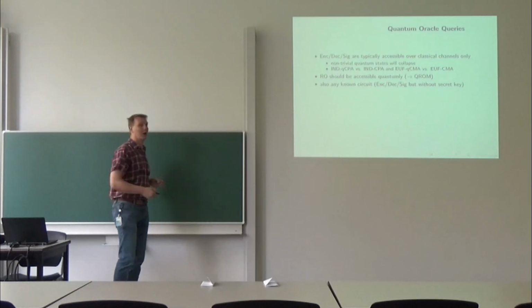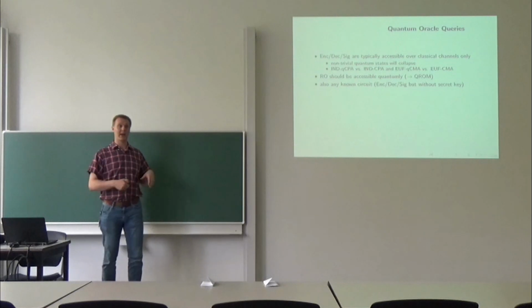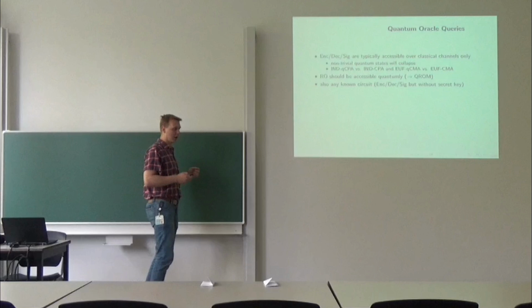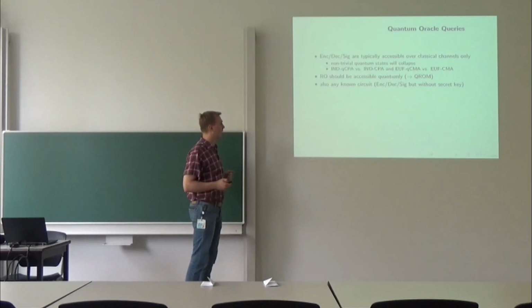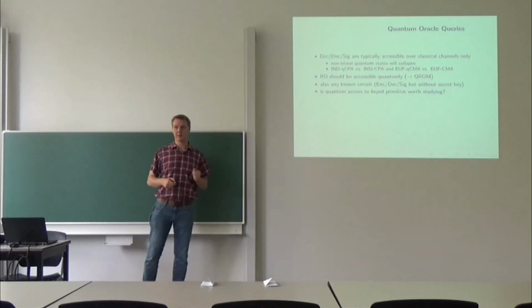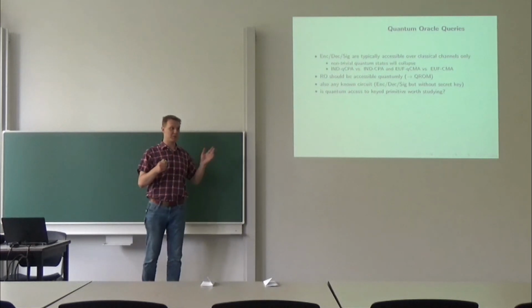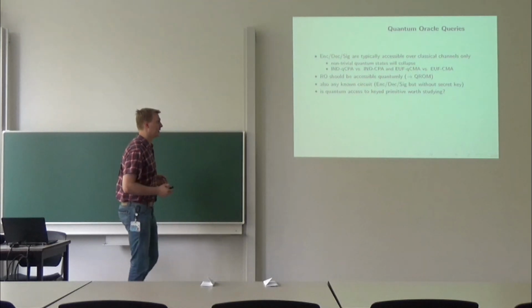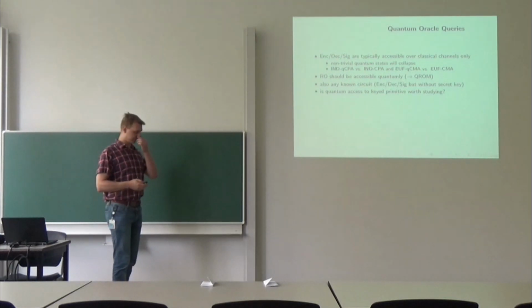Like I said, whenever the adversary has a public key associated with a function, you can evaluate this function on a superposition of inputs. So is it worth studying the situation in which the adversary interacts quantumly with a key primitive?